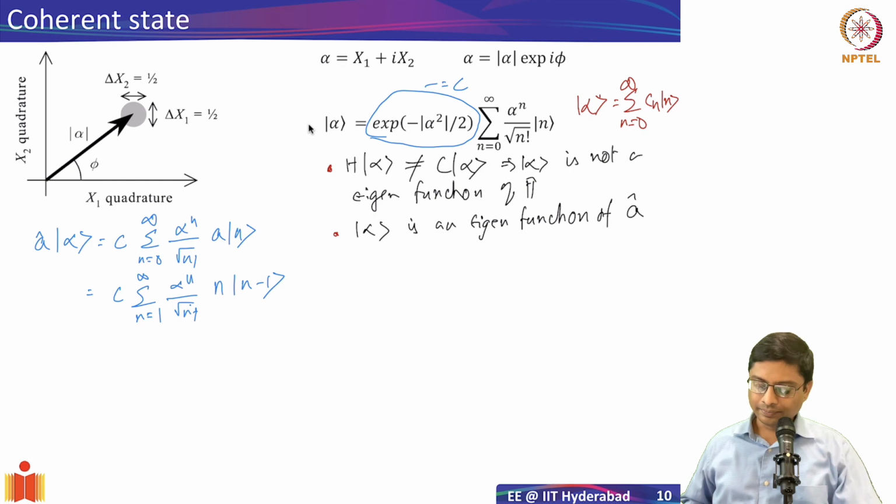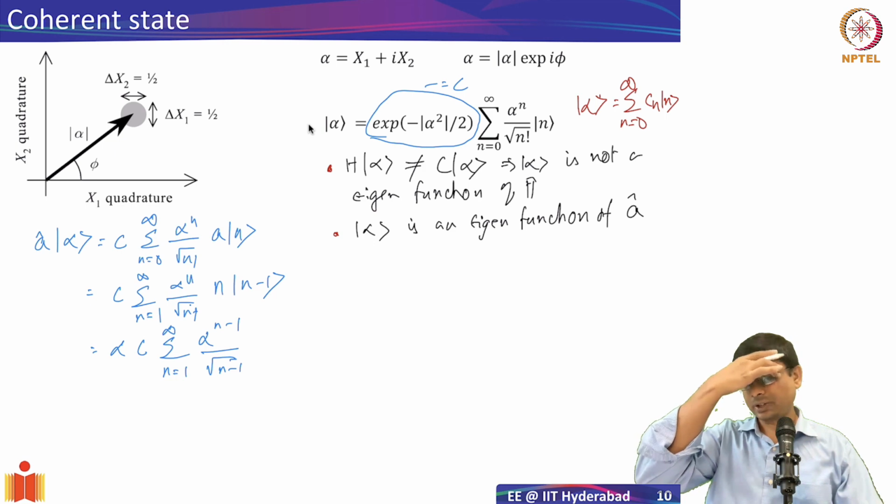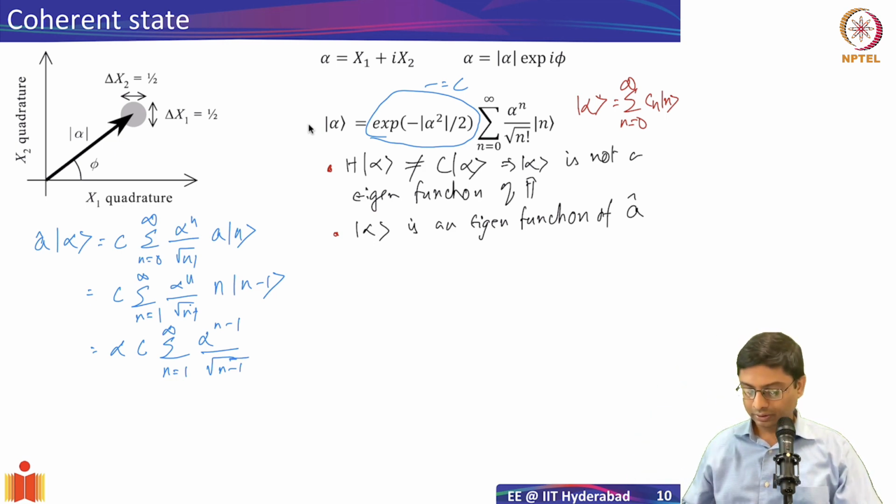Then you'll quickly see that this is equal to alpha times C times summation n equal to 1 to infinity, alpha to the n minus 1 divided by root of n minus 1 factorial, because n and n factorial, so it will be only n minus 1 factorial, into n minus 1 state.